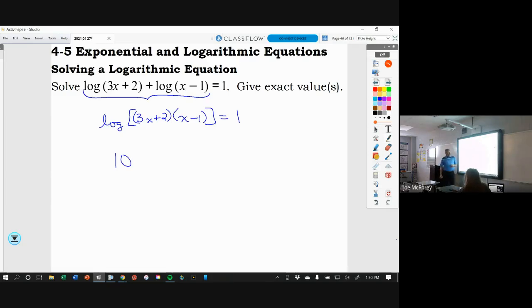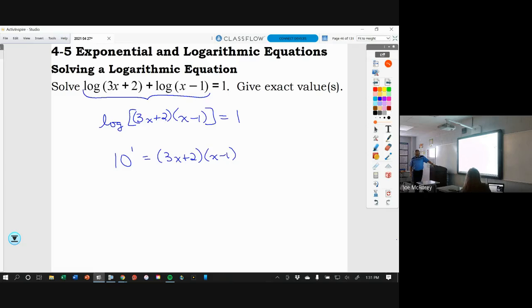What's the power? 1 equals the thing, that big expression. And now we have a very basic first semester Algebra 2 equation to solve.